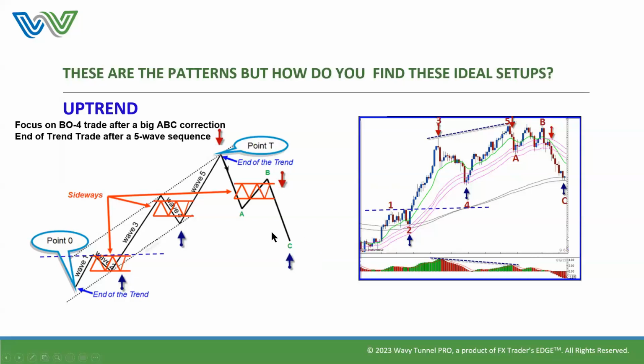This is what I'm going to be focusing on right here, to find stocks that are buyable. So our system doesn't tell us to buy here, doesn't tell us to buy here, doesn't tell us to buy here. It tells us to buy here. Focus on the breakout 4 trade after a big ABC correction, end of trend trade after a 5-wave sequence. Okay, so I'm focusing on the big ABC correction. I'm going to show you that.